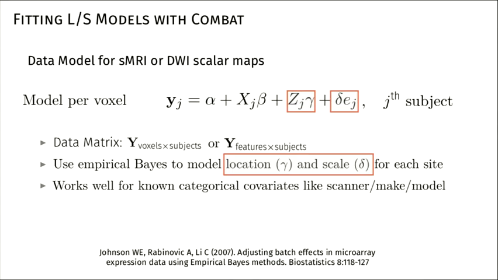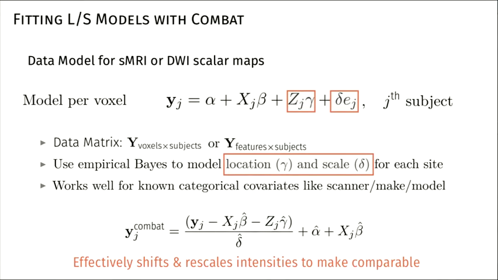And the basic idea is it uses empirical Bayes techniques to fit site-specific mean and site-specific scaling parameters and eliminates that from the data. So the residuals from a ComBat correction of your intensity values would basically look like this. It rescales the residuals and then adds back this component. So you're basically shifting and rescaling your data to make it comparable across images.